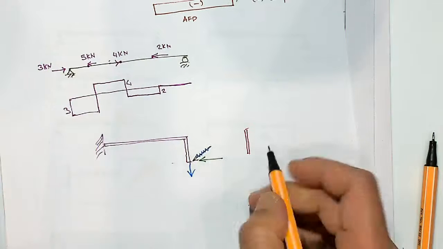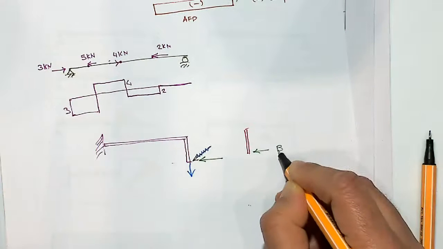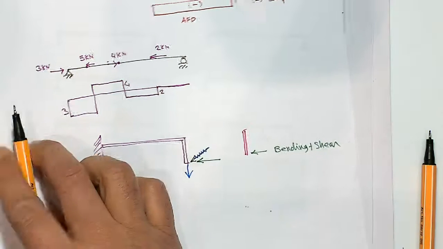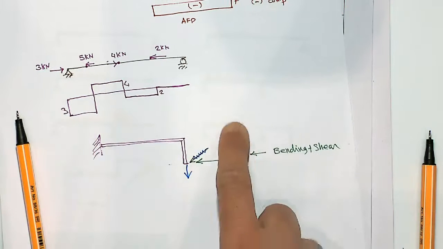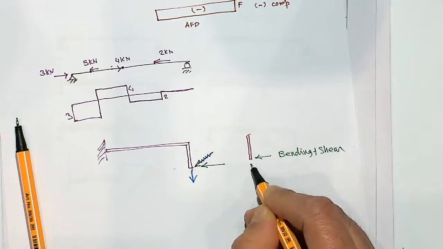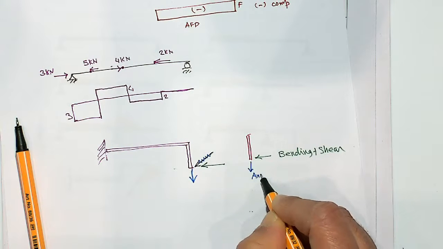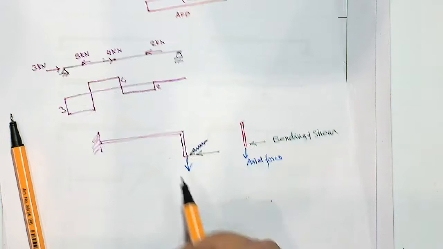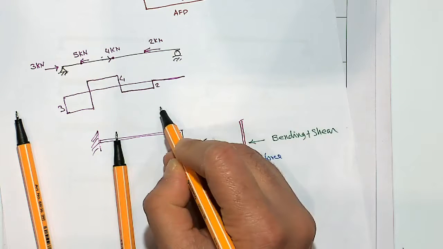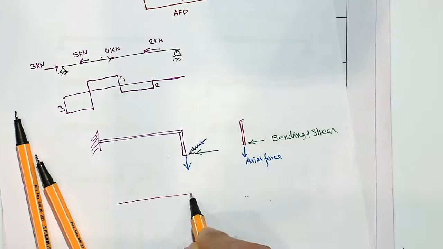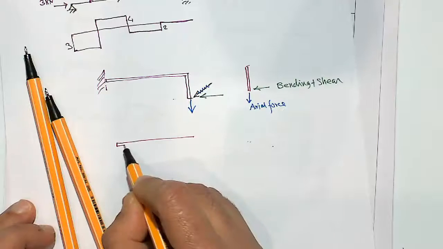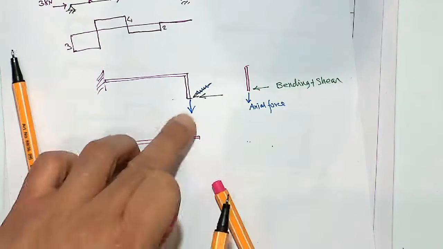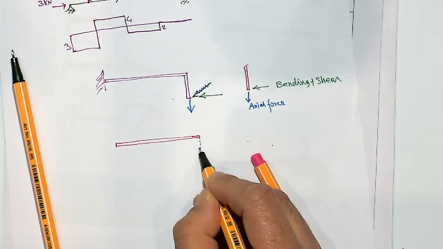the green load will cause bending plus shear. Okay? The green load on this part will cause bending and shear, whereas this one will cause axial force. Now, when it comes to these upper segments here, when you get to this beam segment here, then this force, you can consider it is going directly there.